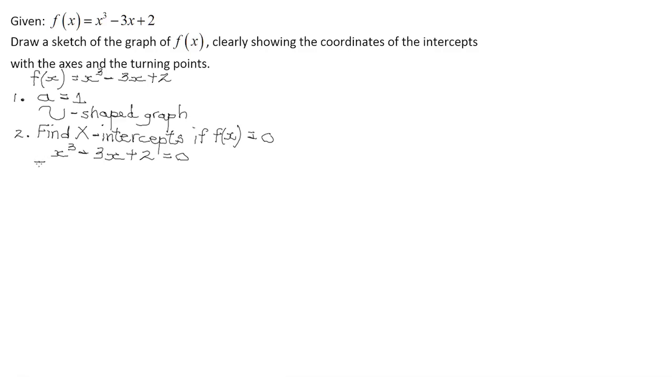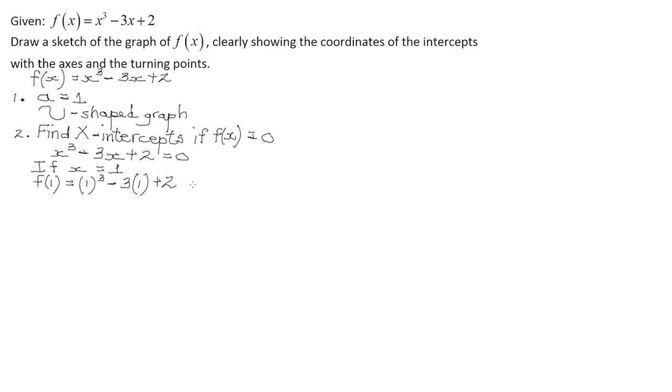Let's test if one of the factors is x equal to 1. Right? What will it now be? It implies that the function where x is 1, it's going to be 1 cubed minus 3 times 1 plus 2.